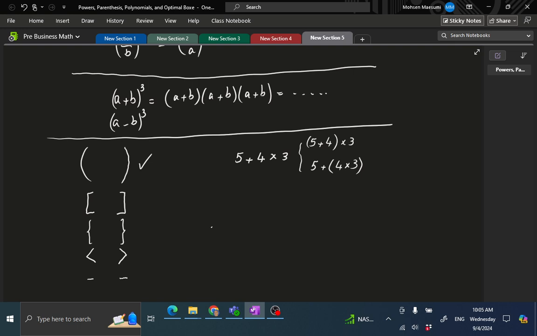Well, what if the parentheses weren't there? All mathematics books, mathematics calculators and so on agree on the following: multiplication comes first and then addition comes later. But I've seen some old style calculators that, as soon as you type 5 plus 4 times, already convert 5 plus 4 to a 9.